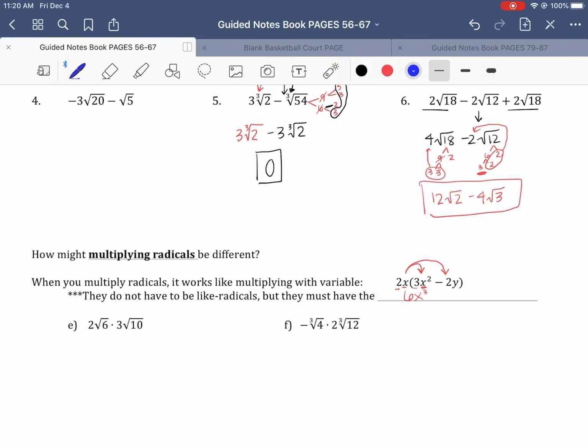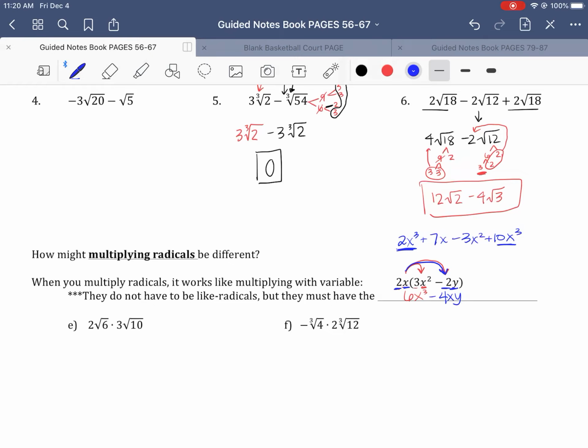If we had 2x cubed plus 7x minus 3x squared plus 10x cubed, in this case, when you're adding like terms, you have to find the ones that have identical variable parts and exponents. But notice when we multiply, it's fine that they don't. We just distribute it through, right? We get x to the third. We multiply the 2 times the negative 2 and get negative 4. We have an x times y, that would be 4xy.